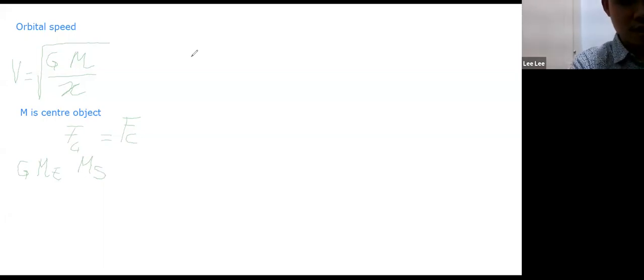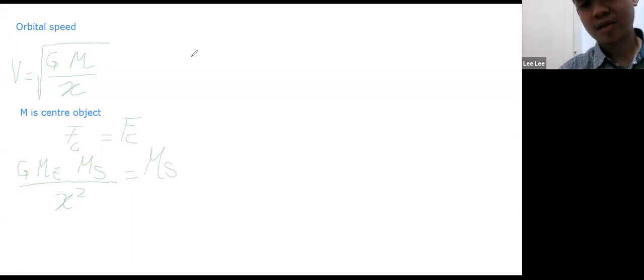The Moon is a natural satellite, right? Divided by x squared. The one that has the centripetal force, I hope you understand already, has to be the satellite, because the satellite moves in a circular motion.